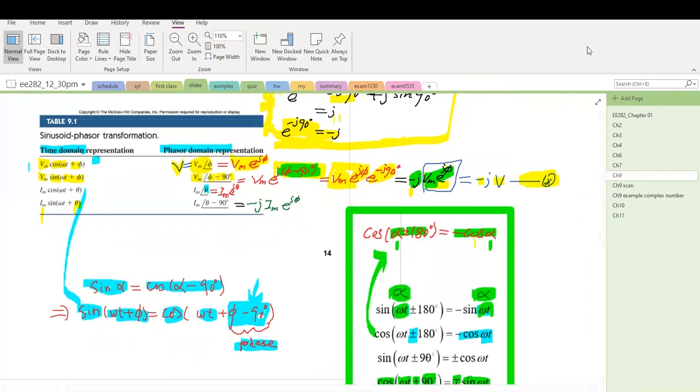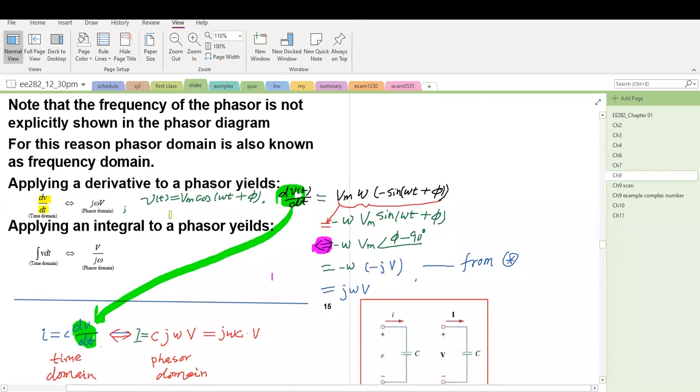So now let's look at the derivative in time domain. Suppose V of t equals Vm cosine omega t plus phi. And then we take a derivative, it becomes Vm omega, that's the chain rule, and minus sine omega t plus phi in brackets. Take this minus sign as omega Vm sine omega t.